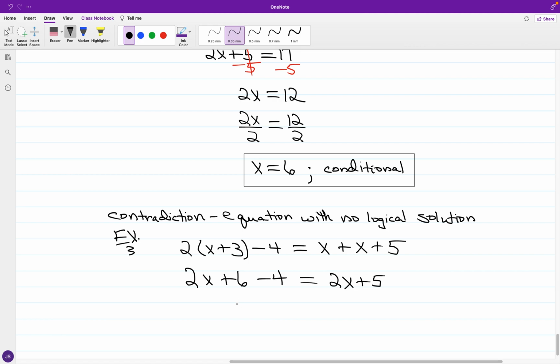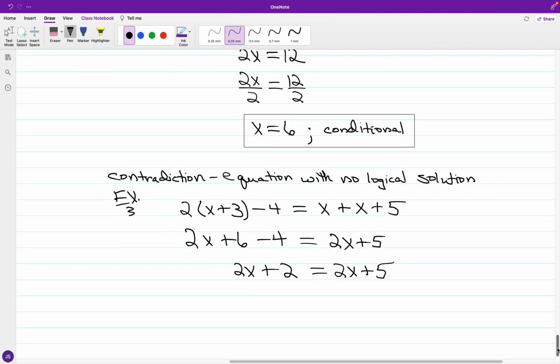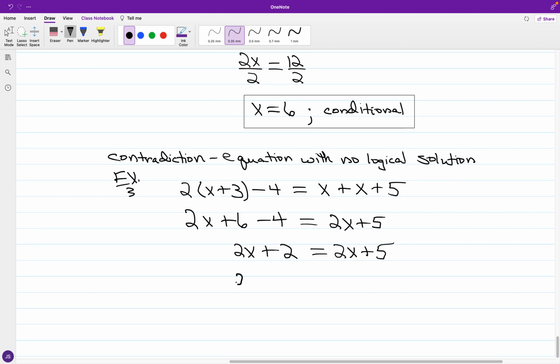Combining the constants on the left, I have 2x plus 2 is equal to 2x plus 5. And here we have like terms on opposite sides. In the letter x, we have 2x and 2x, and with the constants, I have 2 on the left, 5 on the right.